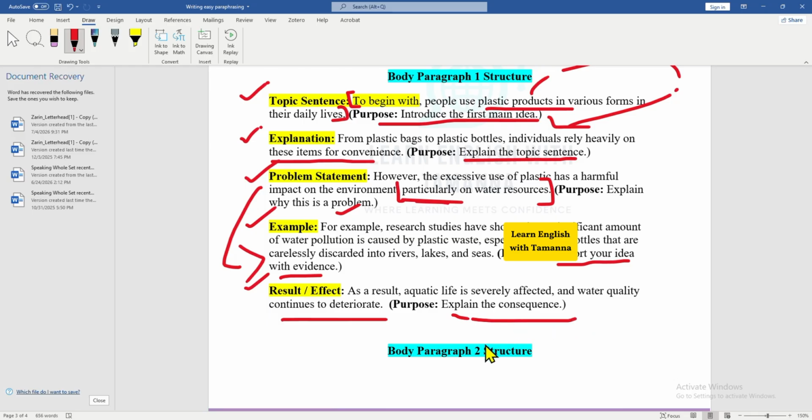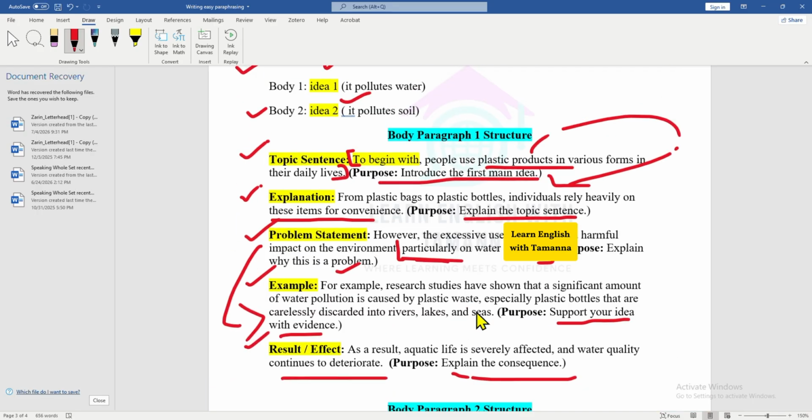If you don't have any ideas regarding the result or effects, you can simply write that's how plastic products play a role in polluting our rivers, lakes, or our water. That's it. You need to conclude your body paragraph 1 in a very polite manner. We are done with the body paragraph 1 structure.